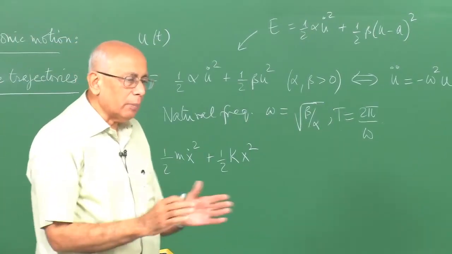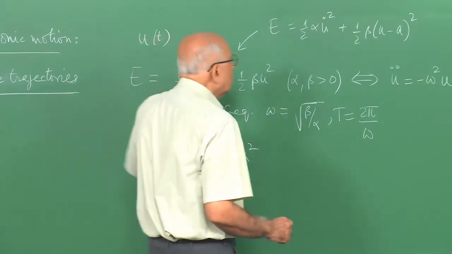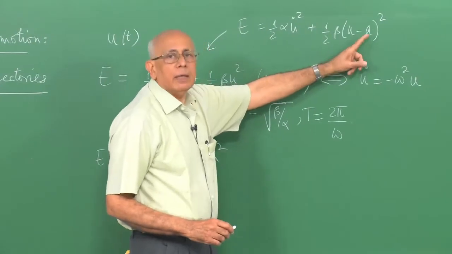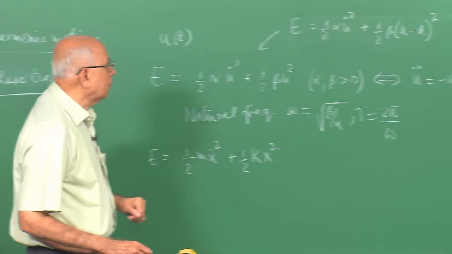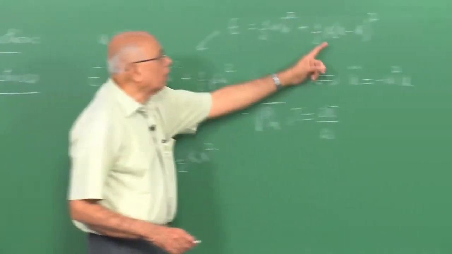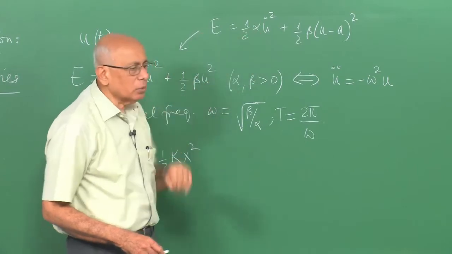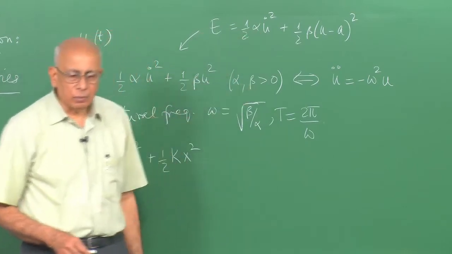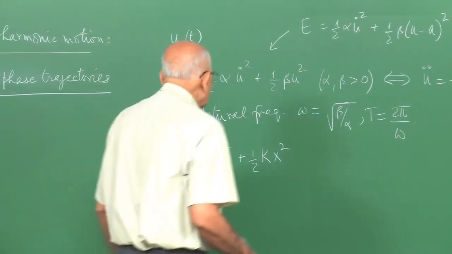Instead of oscillating about the value u equal to 0, this variable u oscillates about the value a here. So it does not matter in either case, this is a trivial change of variable. One can always call u minus a equal to u prime, and since u prime dot is the same as u dot, you get exactly the same physical motion about a new center of oscillation. So that is a very, very simple generalization.